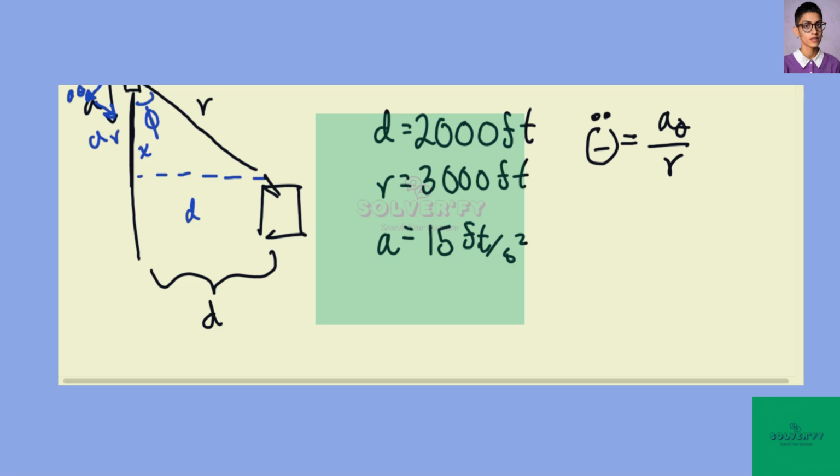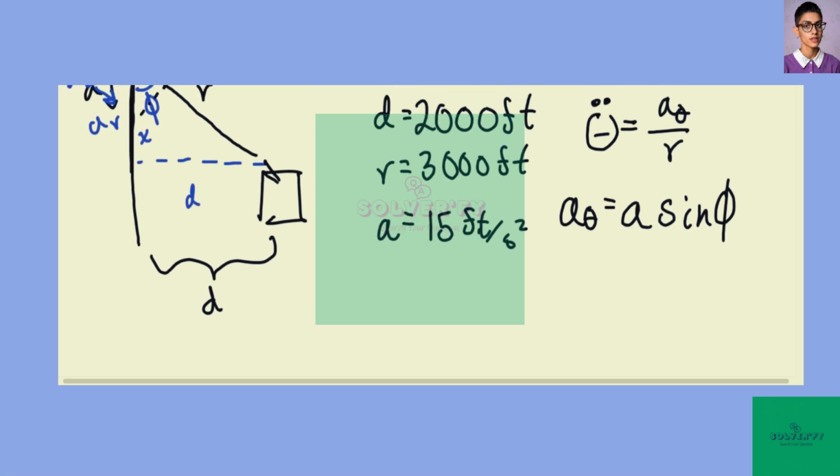Next, to find a theta, there's going to be some angle phi here, where a theta is just the total magnitude of the acceleration a times sine of phi, because it's the opposite component. It forms a right angle here, and the hypotenuse is just a.